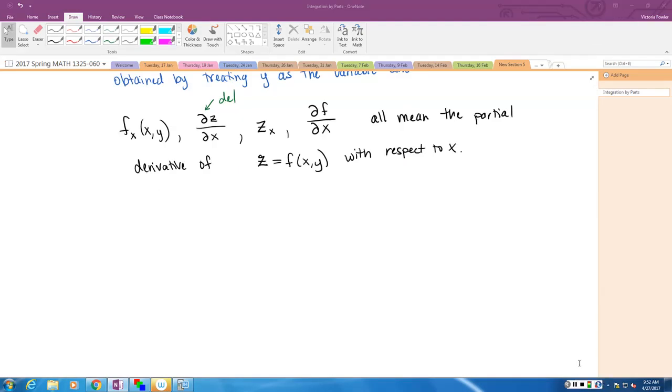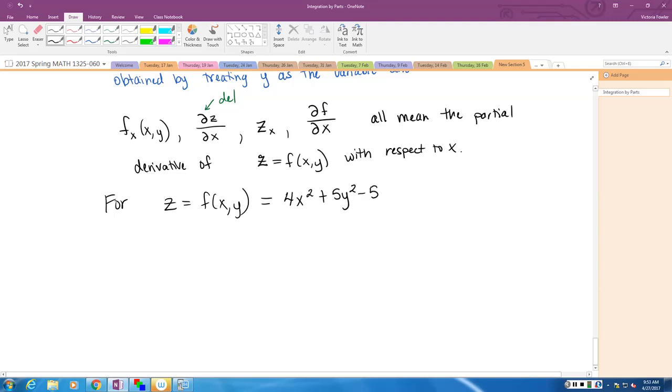All right, so let's take a look at how we're actually going to use this. Let's say that we have a function z, which we can denote as f of x, y. It's equal to 4x squared plus 5y squared minus 5.